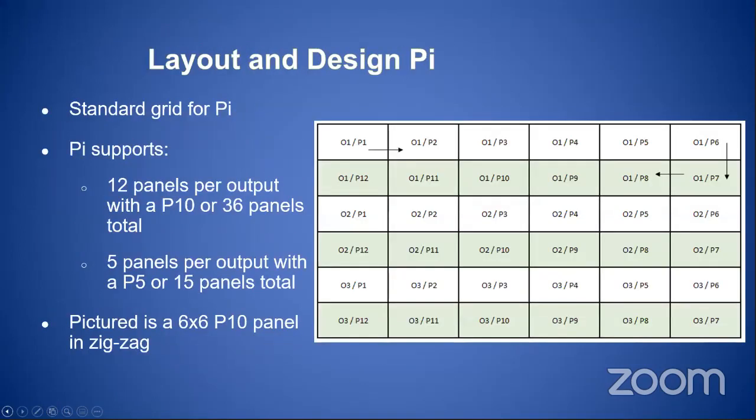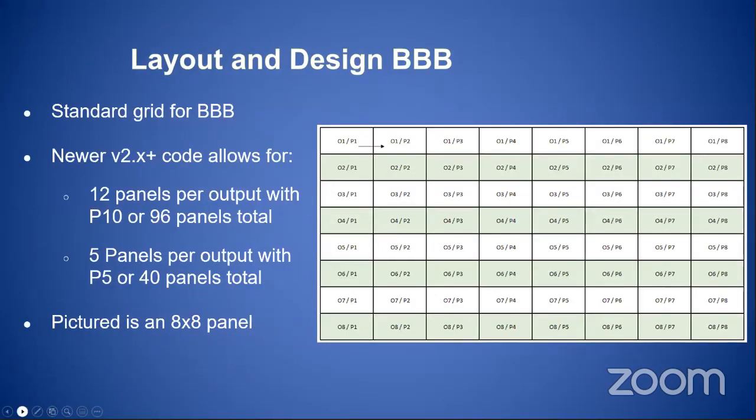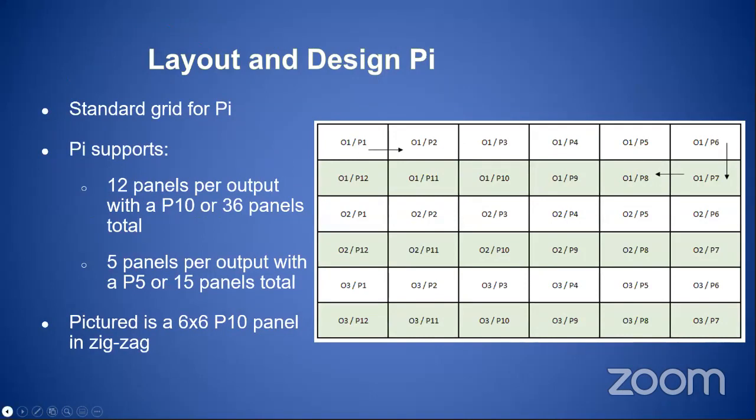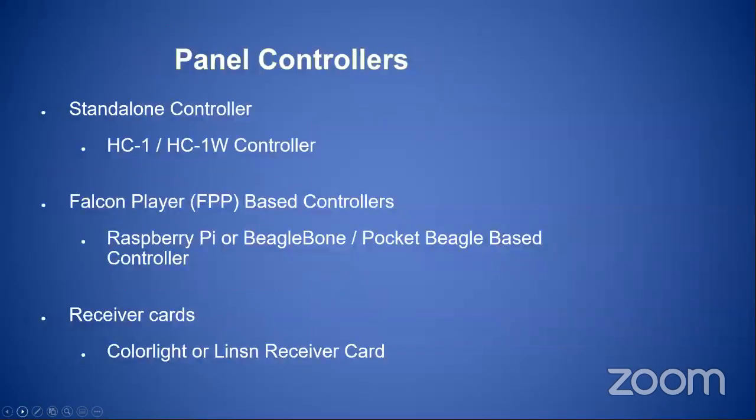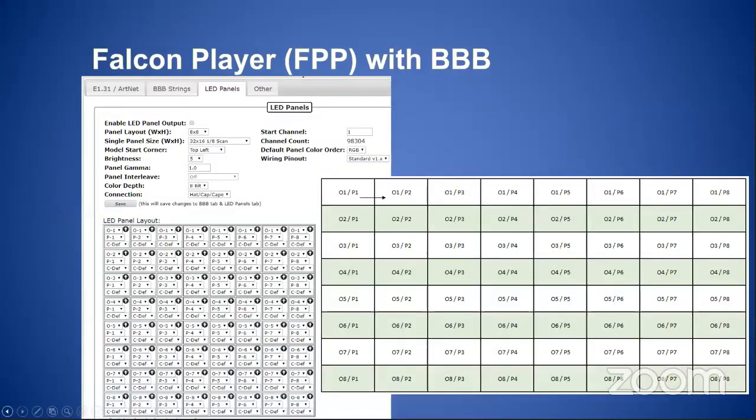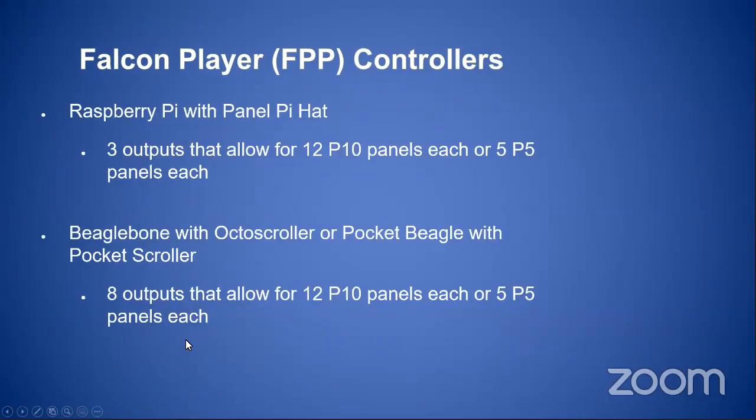Let me go back and look. 12, maybe it's right. Okay. 8 outputs that allow for 12 P10 panels each or 5 P5 panels each. This one has 8 outputs versus the 3 outputs here.